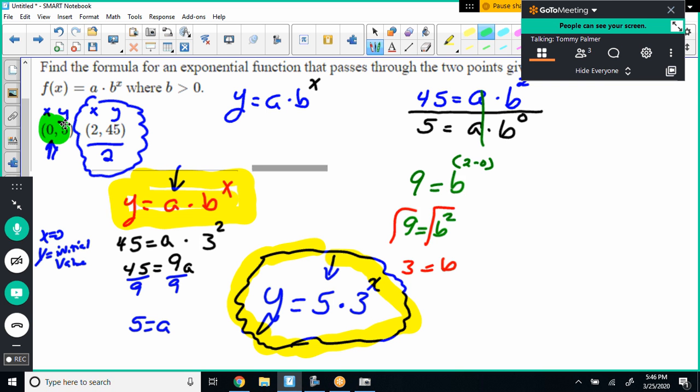So we got x is 0, y was 5, and guess what we got for the initial value? 5. I wanted to use that other point to show you that, but I also wanted you to ask, do I have an x that is 0? If I do, then I know what my a is, so it can simplify a little easier. And the rest of them are just like that.